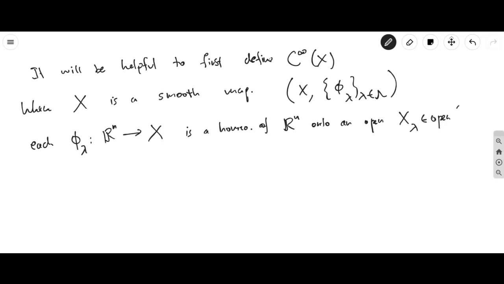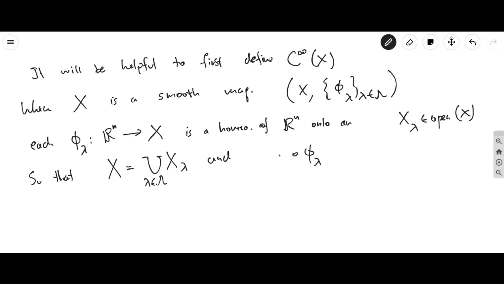It's an open subset of X. So that X is then the union of all of these open subsets, just like we have in a triangulation. And we have this condition that if you do phi lambda and you compose it with phi mu inverse, this is a smooth map in the Euclidean sense.